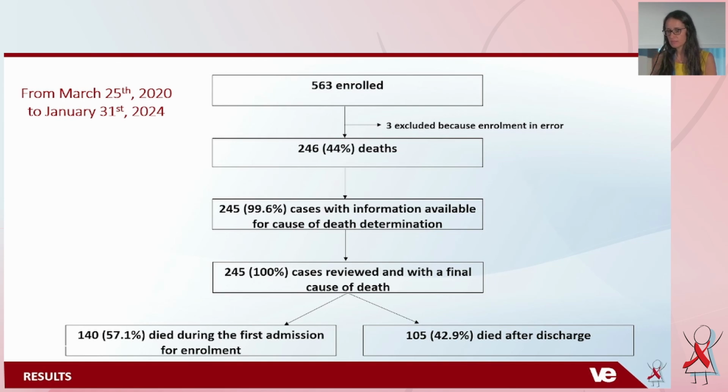Among those who died, for almost all we received information to analyze the cause of death. Only in one case we didn't receive any information. Among those for whom we received information, that was 245, 57% died during the admission where they were enrolled, and 43% died after discharge.